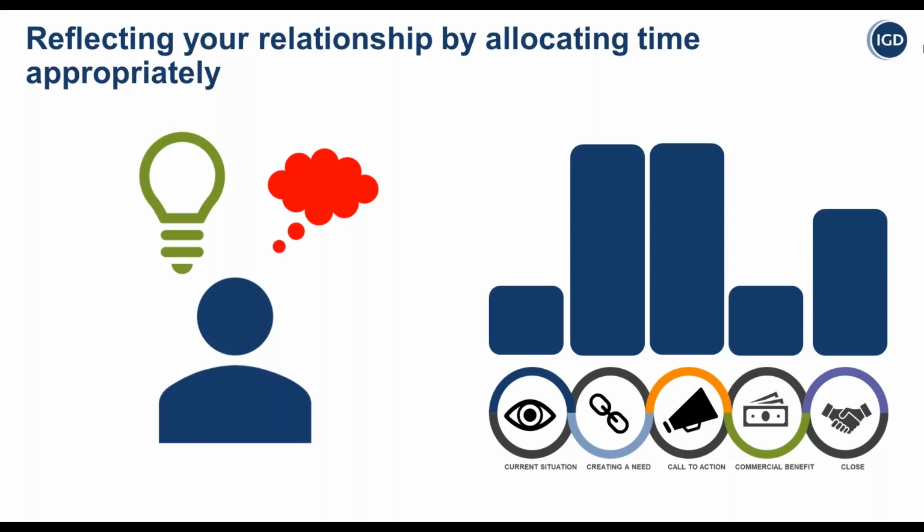So we can dial back some of that current situation. Really, where they want to spend time maybe is thinking about the big idea, and how they can bring it to life together. And even the piece around commercial benefit might not be in the mix whatsoever. Really what they want to do is have a great discussion and understand some of your thinking.